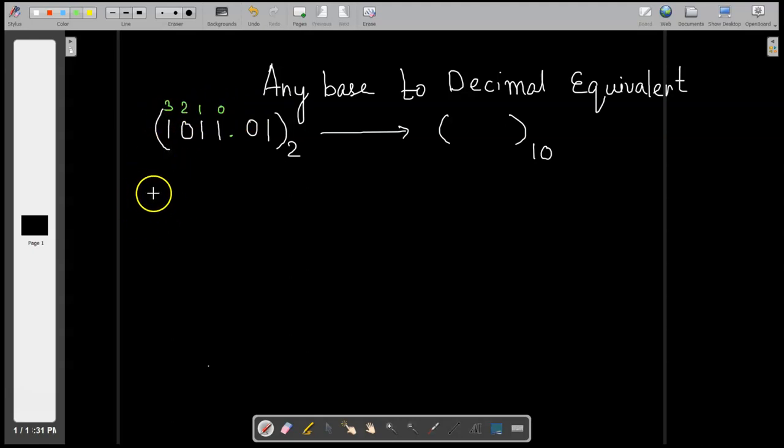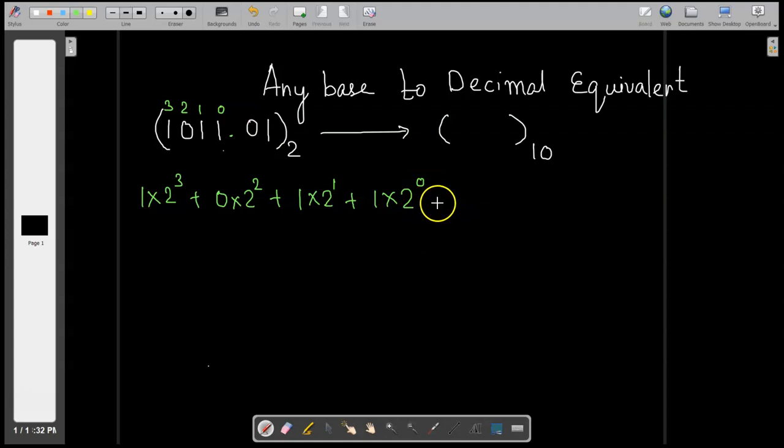So how are we doing? 1 into 2 to the power of 3 plus 0 into 2 to the power of 2 plus 1 into 2 to the power of 1 plus 1 into 2 to the power of 0, right?